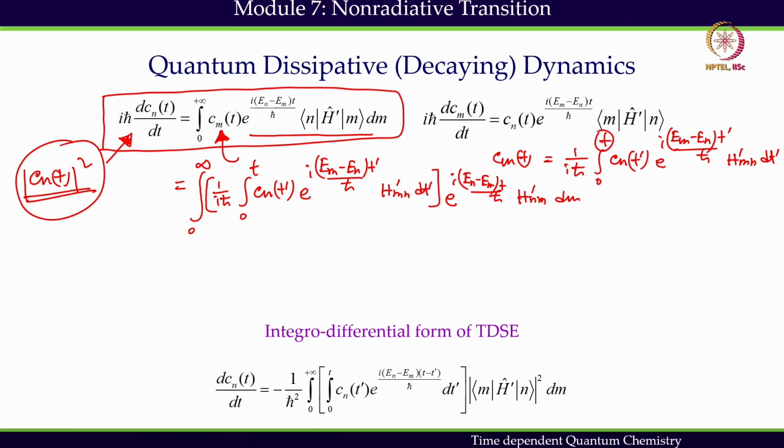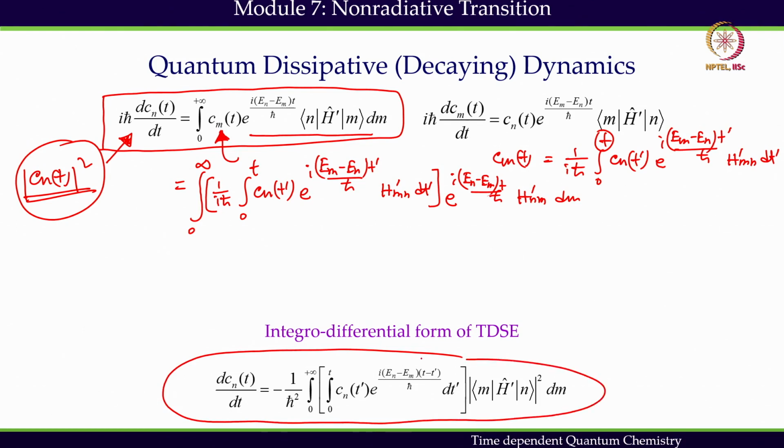So it's just rewriting. If I rewrite this one to some extent, I get this form, the integro-differential form of this equation, where I have this change in population. This expression gives the change in the population, this expansion coefficient as a function of time, and that is given by this entire expression.